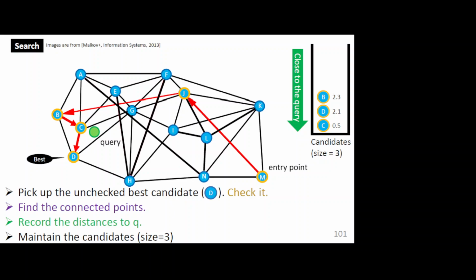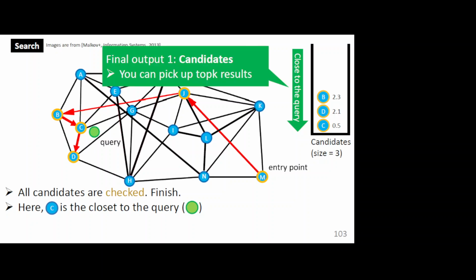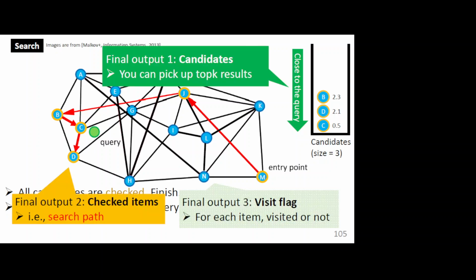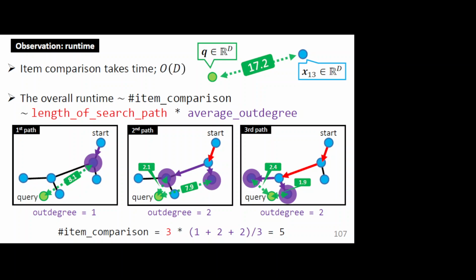Okay, so it's called a graph-based search. We finish it. I think it's very easy, right? Okay, some observations. So actually, you just compute how many pathways you have to traverse to find your query, and each time you have to compute the distance between your query and your neighbors.